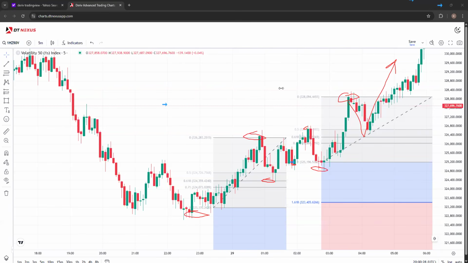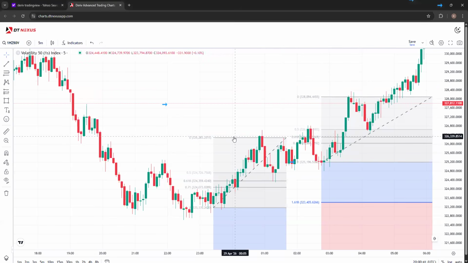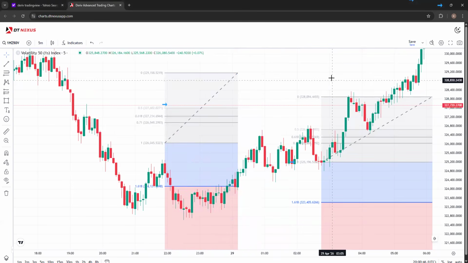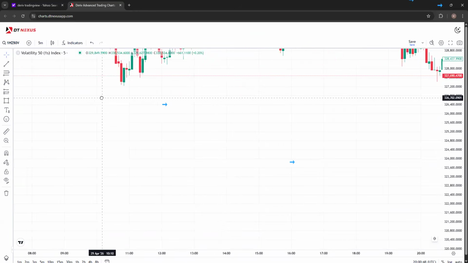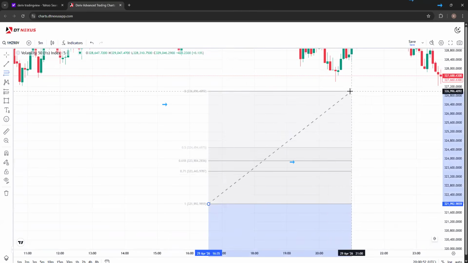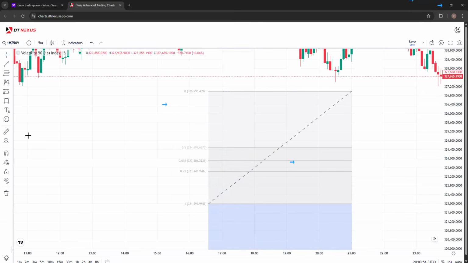All right. I'm not sure if you got me when I said either one of these. So let's put a fib aside here. When I said either one of these, we take trades either between the 0.50, the 0.618, or the 0.71.